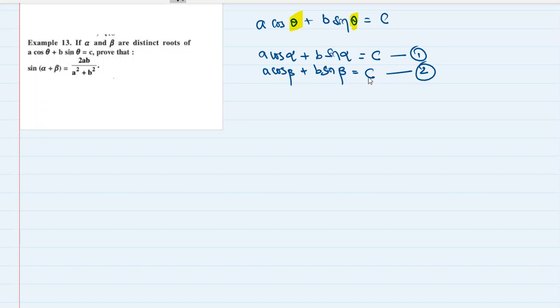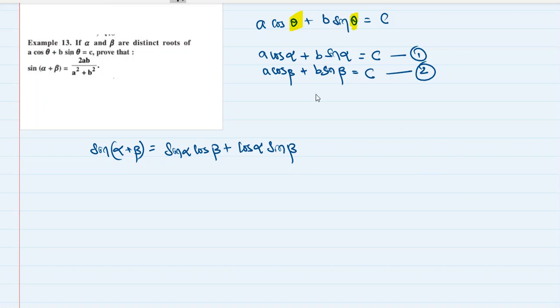Now we have to prove sine of alpha plus beta. What exactly is sine of alpha plus beta? The compound angle formula is sine alpha cos beta plus cos alpha sin beta.